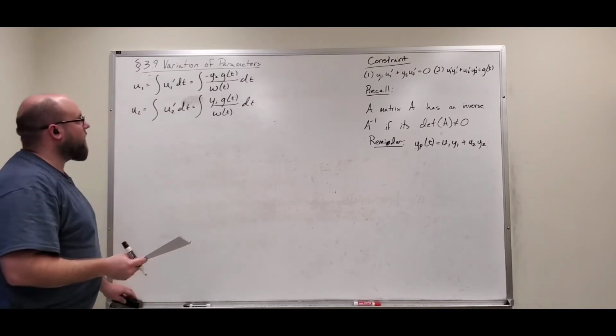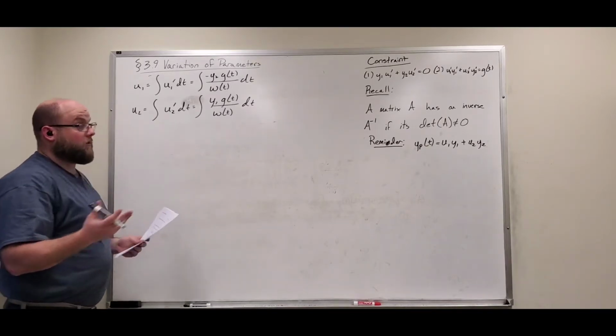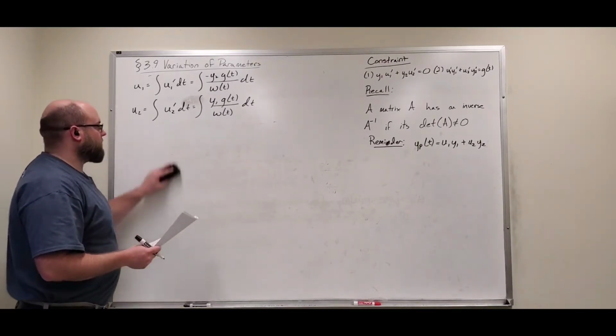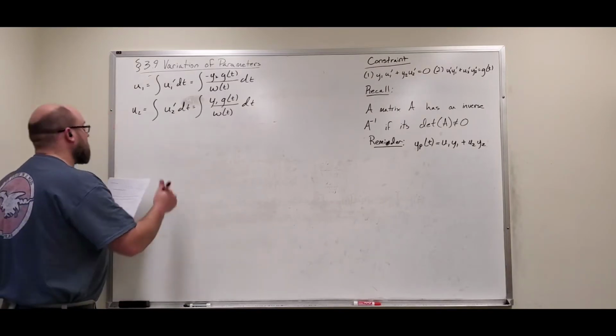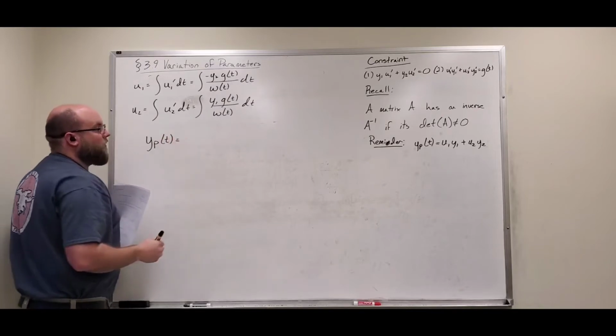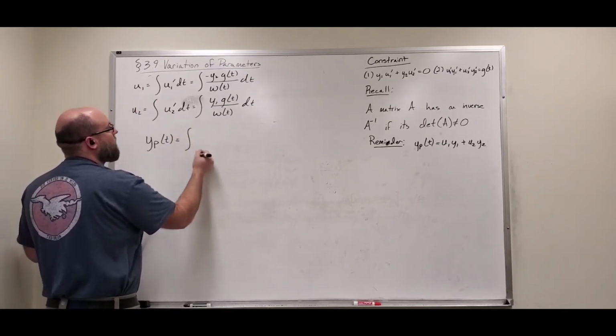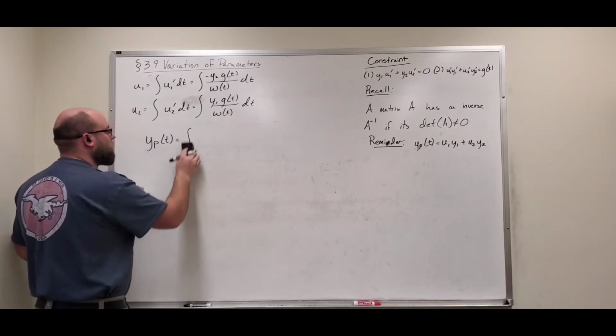Now that we have integrated, or at least shown that we're integrating, that means our particular equation is going to look a little bit funky here just because of all the information that's going into it. Our particular equation is going to be u1, and actually we're going to rewrite this just a little bit.